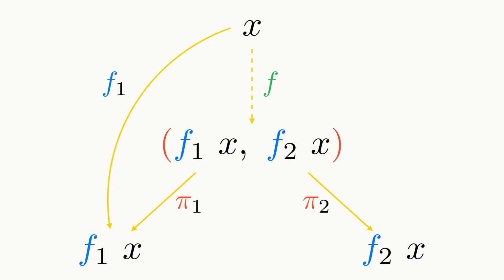Applying f1 to x obviously is the term f1 applied to x. And f2 applied to x is clearly the term f2 applied to x. Since this function f is also completely determined by the two functions f1 and f2, it is completely unique.